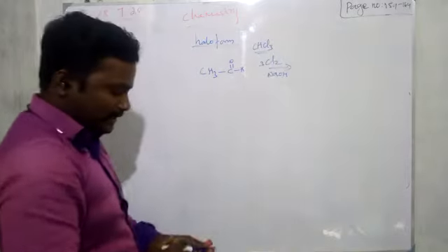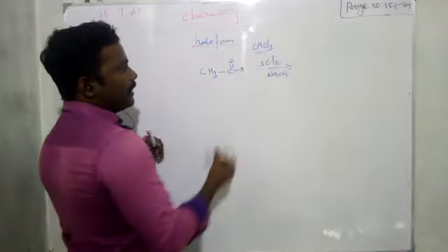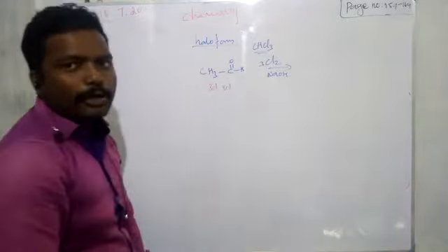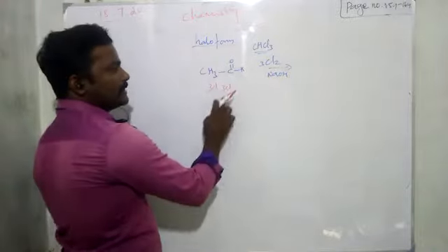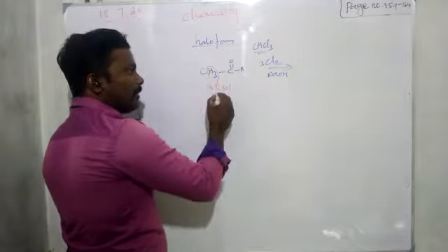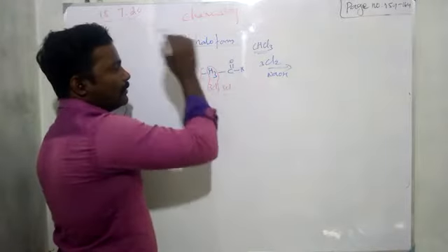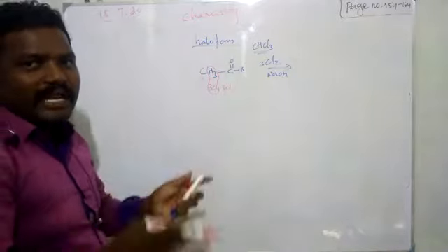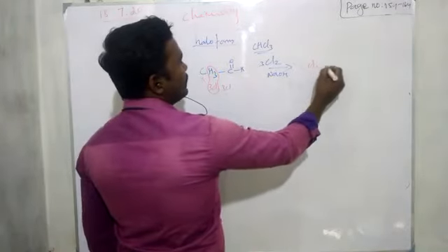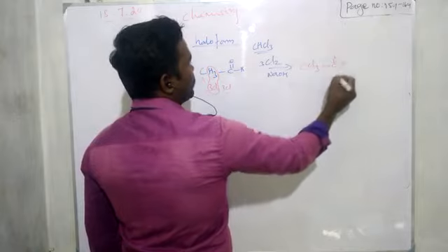Among the 6 chlorine, you take 3 chlorine separately. So now we remove HCl. In the place of the 3 hydrogens, you substitute chlorine. Now you will get CCl3, C double bond O, H.